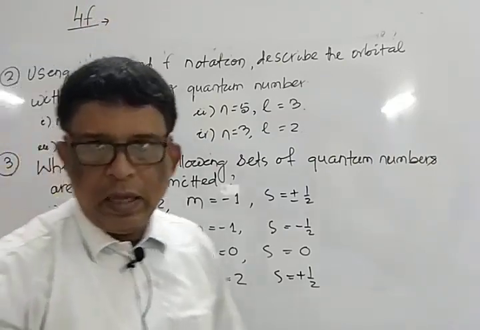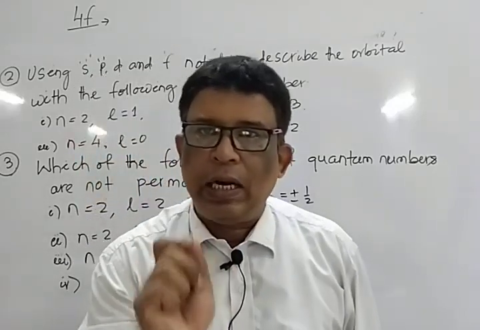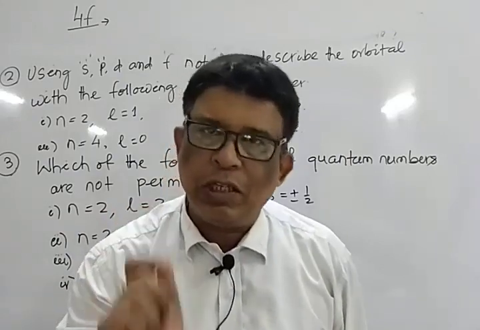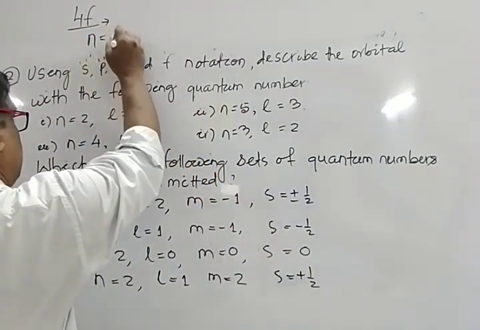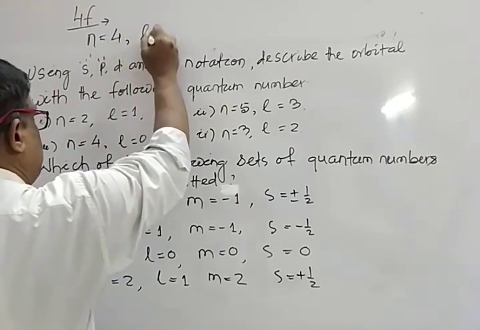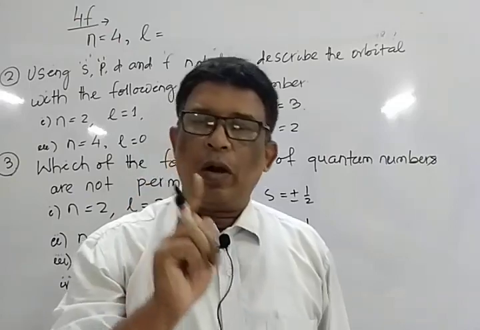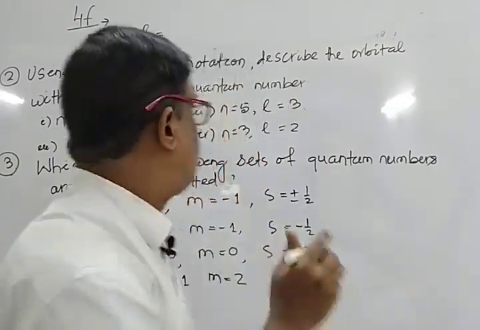While representing a subshell, the first letter is the principal quantum number, the second symbol is for the azimuthal quantum number. It indicates that principal quantum number is equal to 4. And azimuthal quantum number f: for S it is 0, for P it is 1, for D it is 2, for F it is equal to 3.